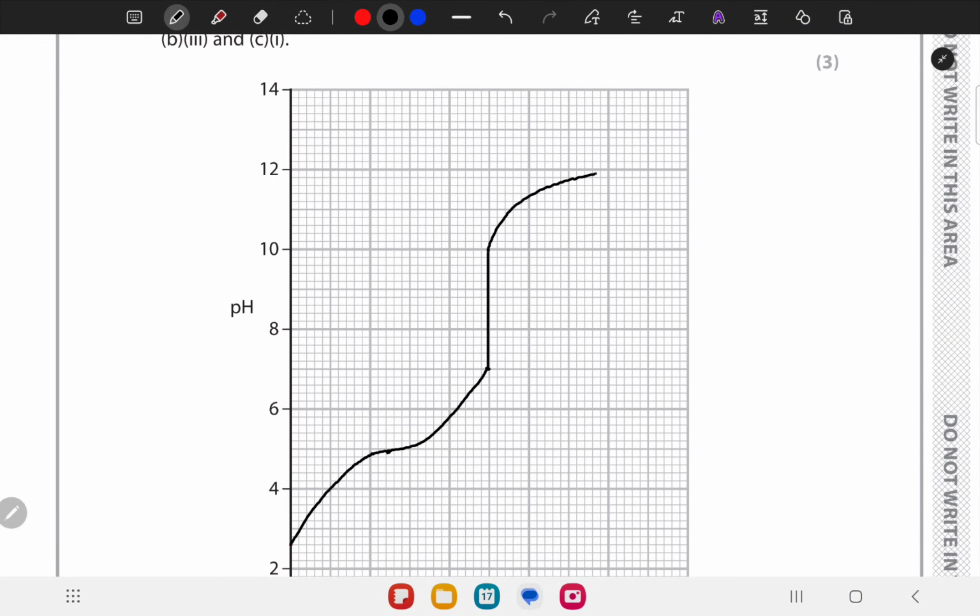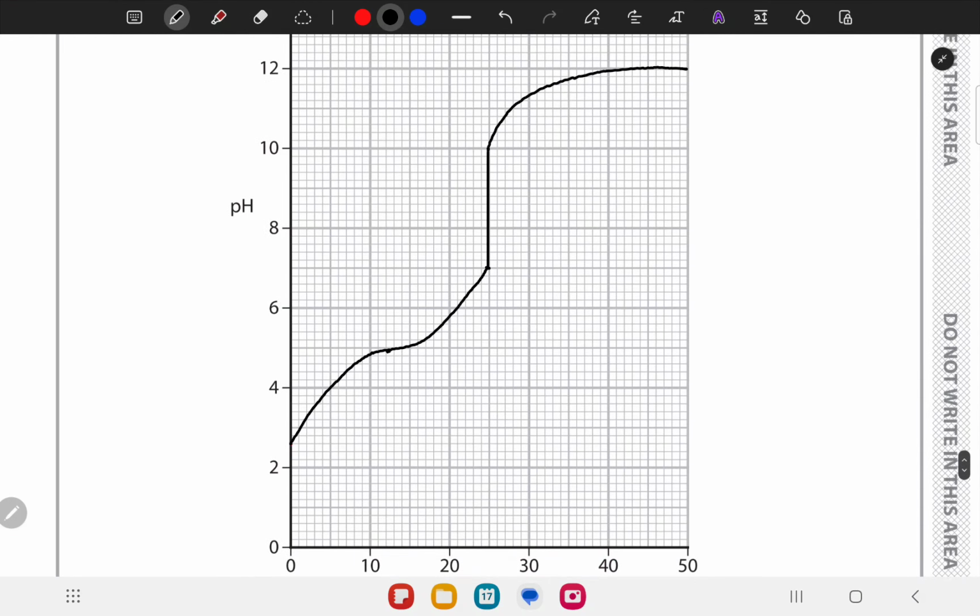And then this will be almost horizontal near the half neutralization point and then start going up again.